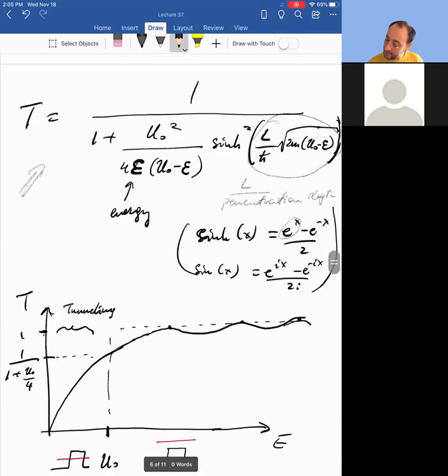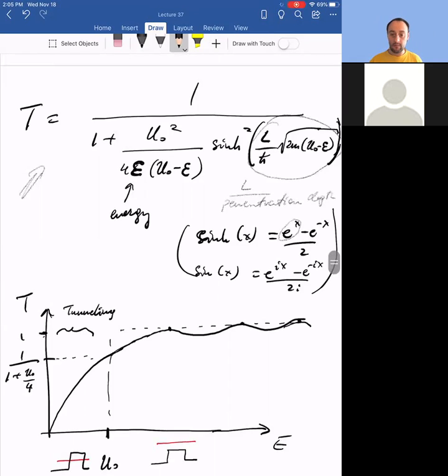I also discussed that sinh is a combination of growing and decaying exponential. So when the argument of the sinh is very large, the growing exponential part is very, very large. So you can approximate sinh squared as e to the 2x over 4.